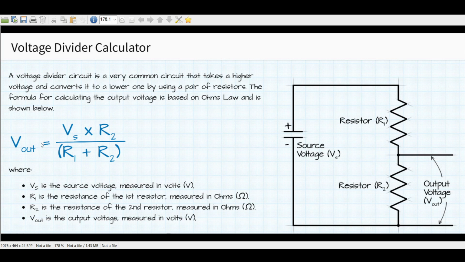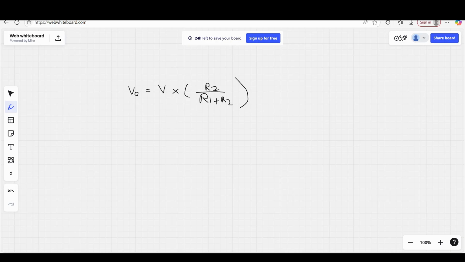The formula is like this. V out is basically the voltage out. That means voltage out across R2 or voltage out across R1 is equal to Vs, which is the source voltage, that is 9 volts, into R2, which is 2K, divided by R1 plus R2, that is 1 plus 2, which is 3. So, how are things going to be calculated now? Let us do the calculation.